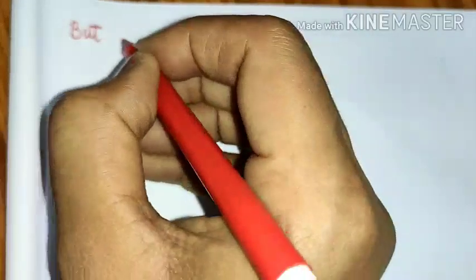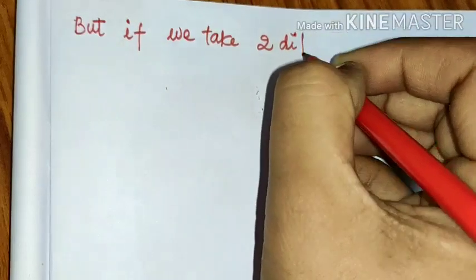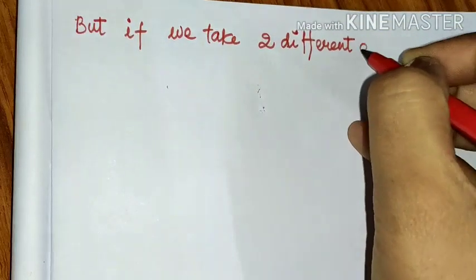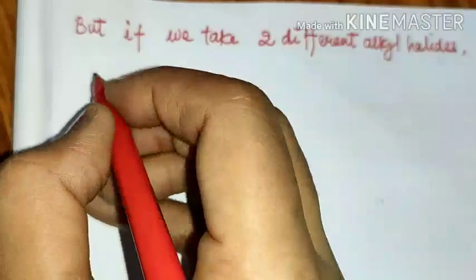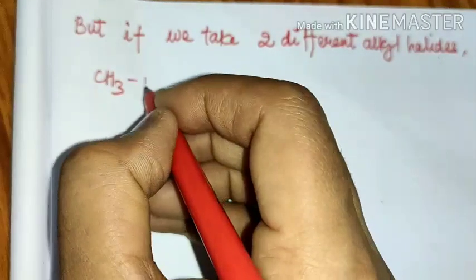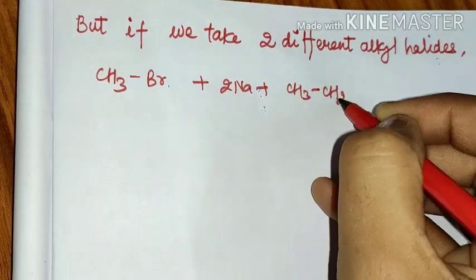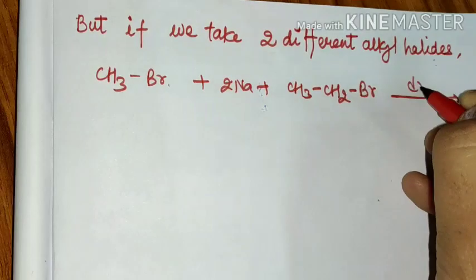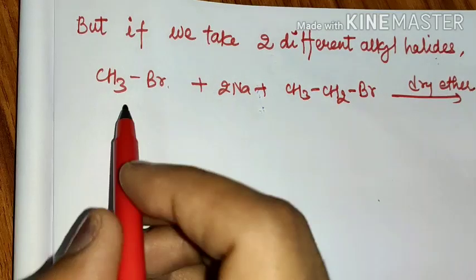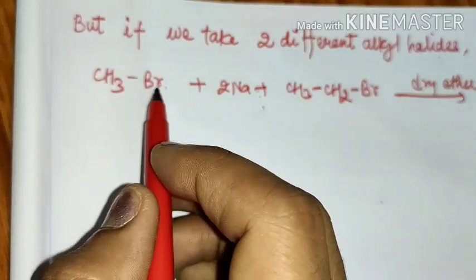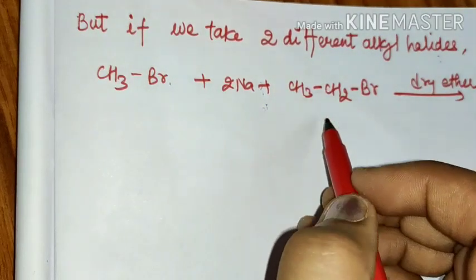But if we take 2 different alkyl halides in Wurtz reaction, say methyl bromide and ethyl bromide, then a mixture of 3 products is obtained. 2 moles of methyl bromide react with one another to form ethane. 2 moles of ethyl bromide react with one another to form butane.